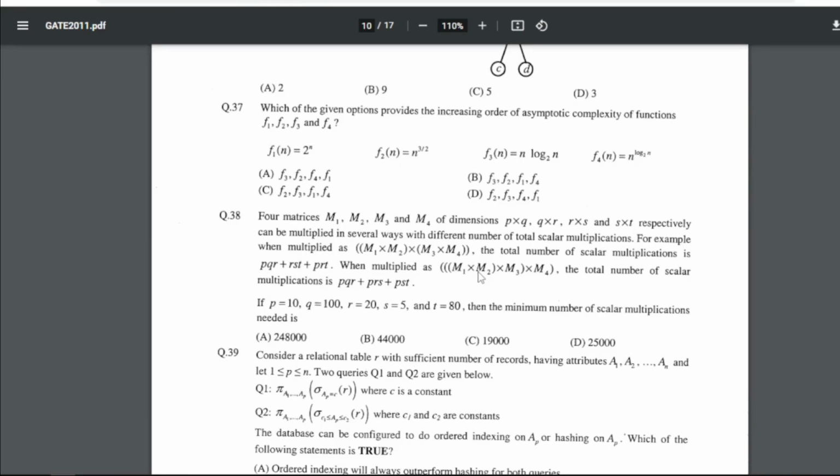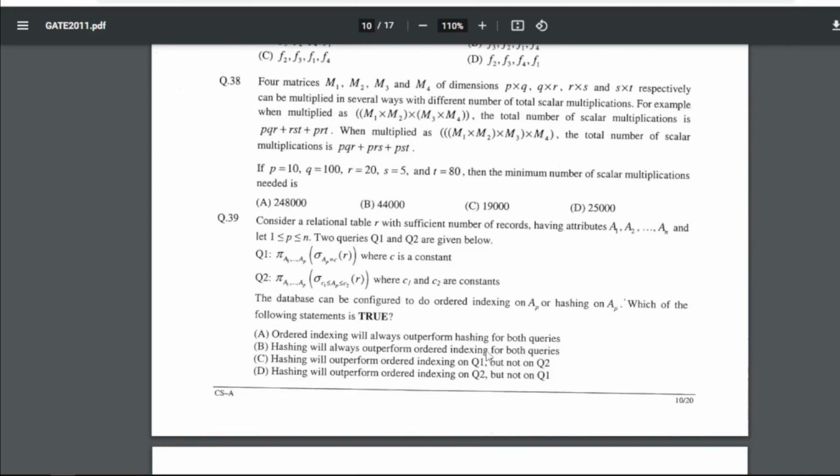When multiplied as ((M1 into M2) into M3) into M4, the total number of scalar multiplications is pqr plus prs plus pst. If p equals 10, q equals 100, r equals 20, s equals 5 and t equals 80, then the minimum number of scalar multiplications needed is what? So in that case, for 38, our answer will be C, that is 19,000.